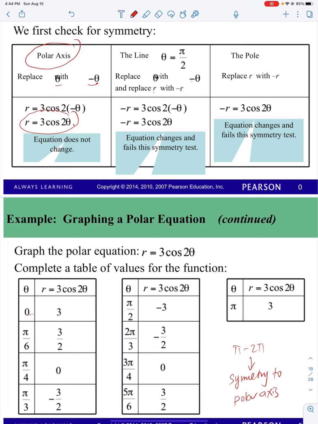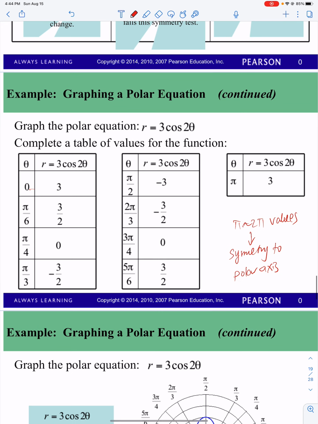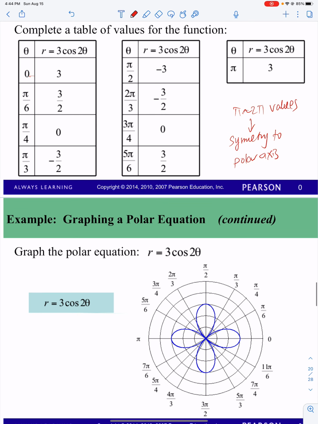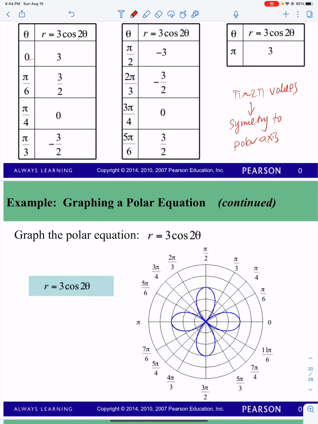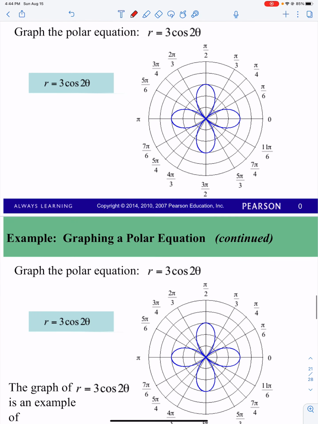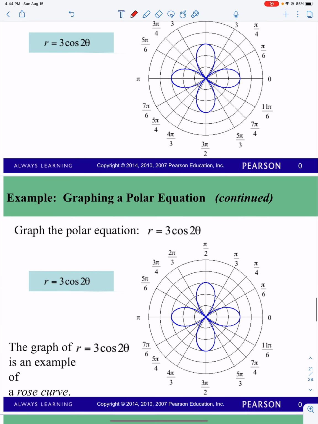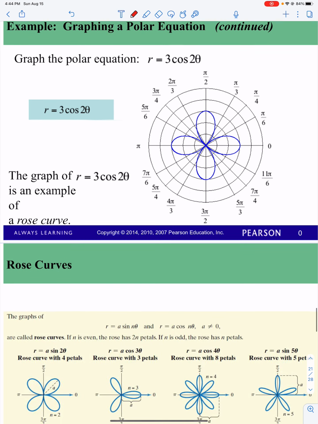So you do not need to draw the values between pi and 2 pi. And you will get a picture like this. So this is 4 petals. Beautiful, yeah? So mathematicians can draw beautiful pictures.